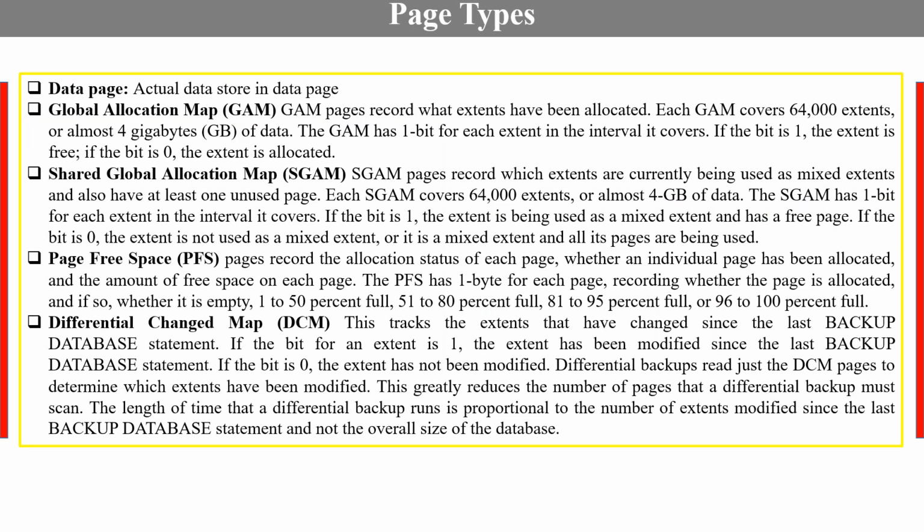Before directly jumping into that concept, everyone must know how many page types are available in SQL Server. There are two types of extents, sir: uniform extent and mixed extent.